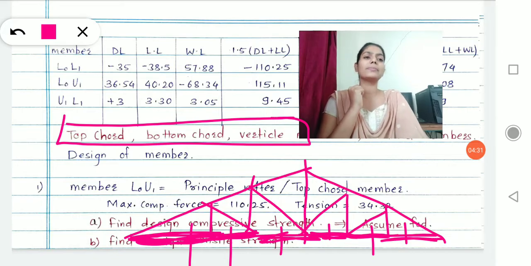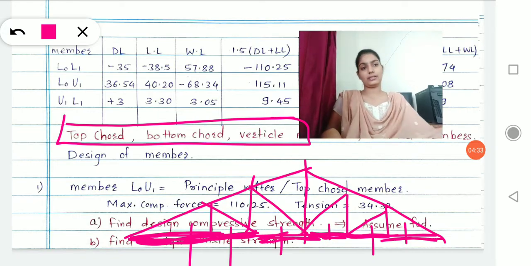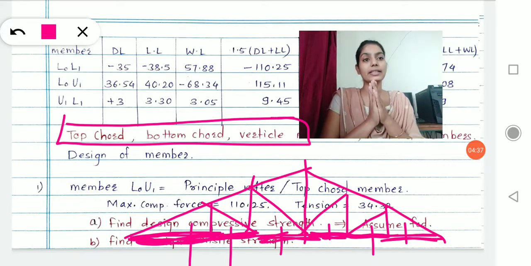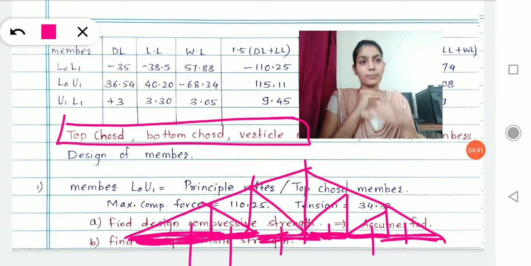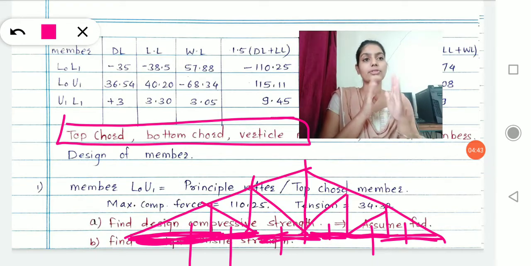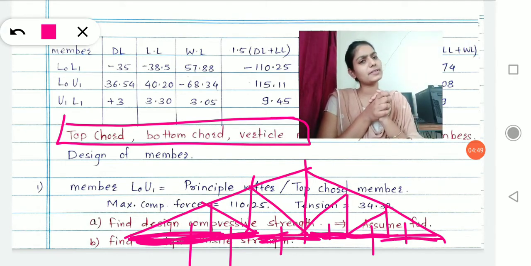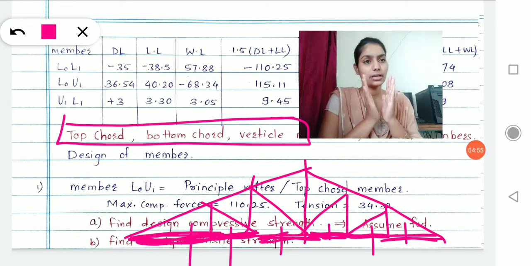Of course, simply by its name you can understand that all the bottom chord members come in a linear direction. They are linear, and they are the bottommost members of your truss or roof truss. So simply by its name we can understand that they are the bottom members. We have separated them from the vertical and inclined members as well as the top chord members.